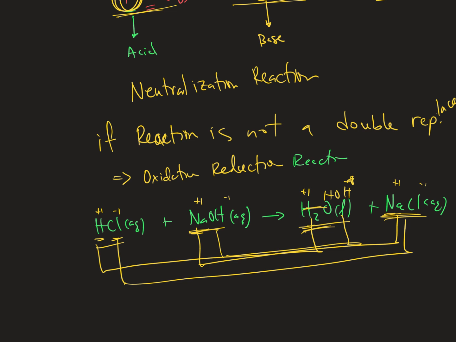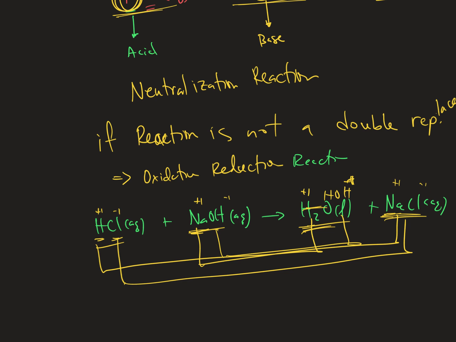Redox reaction, or oxidation reduction reaction. Decomposition reaction, sure. But if you read the instructions, it doesn't say decomposition reaction on there. But all decomposition reactions are most likely oxidation reduction.